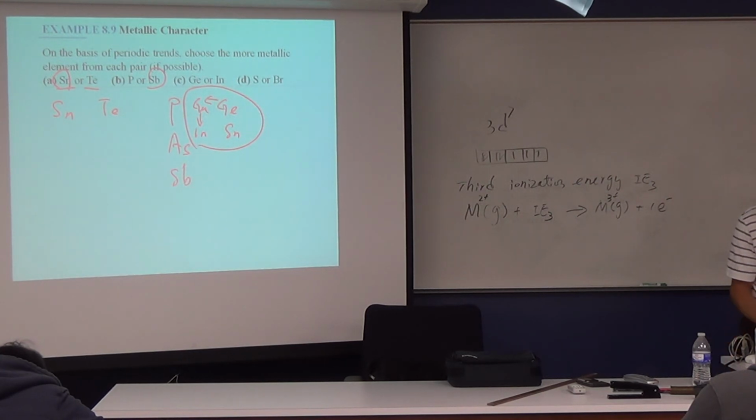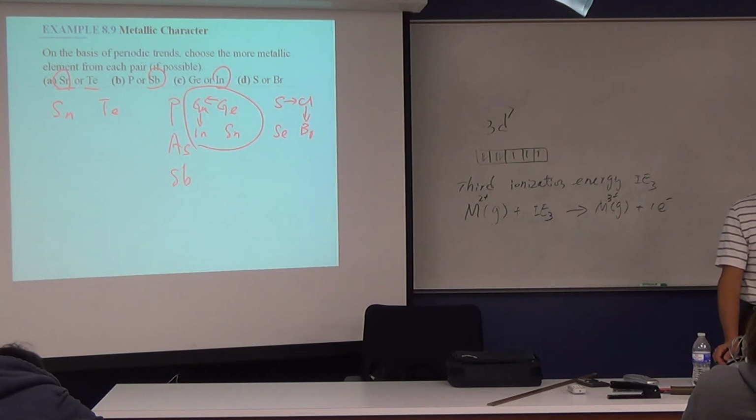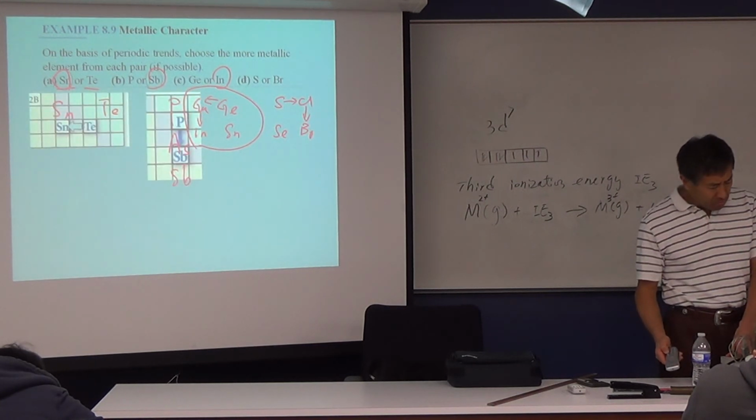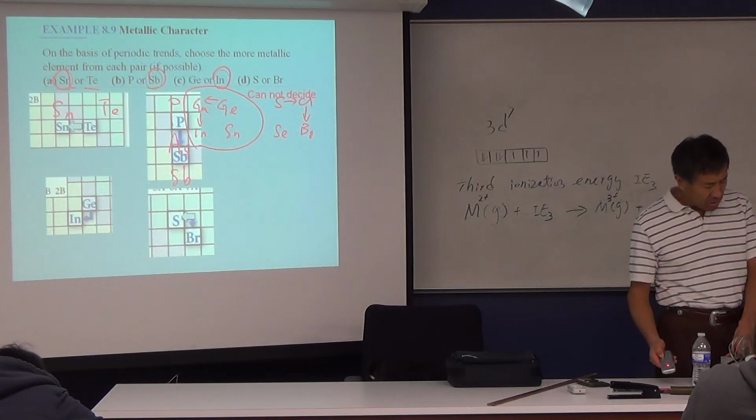So therefore In is more metallic. Now you compare sulfur with bromine. Sulfur and Cl and Se and Br. If I draw this way, less metallic. If I draw this way, more metallic. So one arrow tells you less, one arrow tells you more. You cannot decide. All right. So that is about this metallic characteristic.